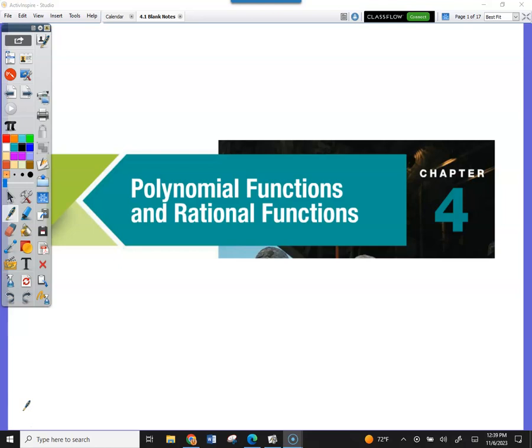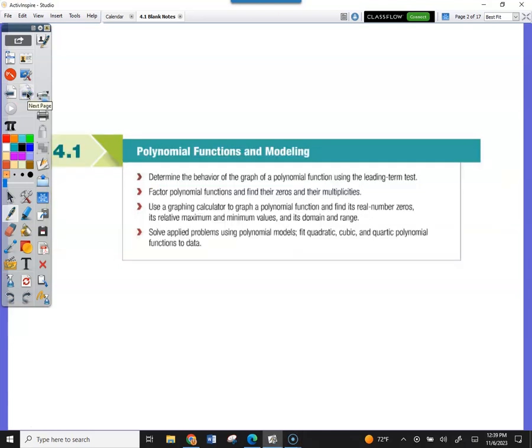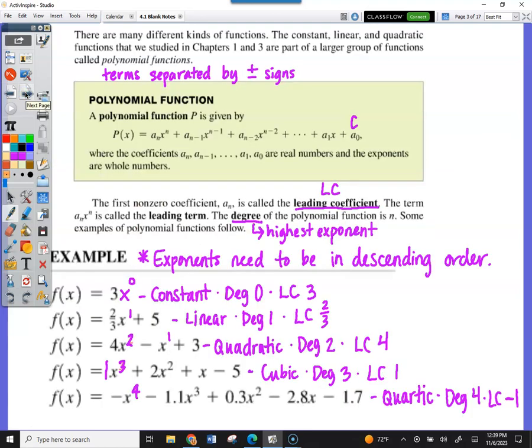All right. Chapter 4, polynomials and rational functions. When you were taking the notes on Friday, this slide right here reminds you that terms of polynomials are separated by plus and minus signs.